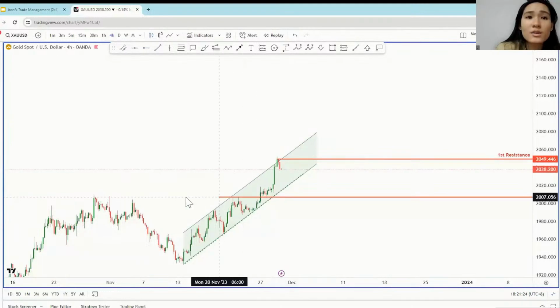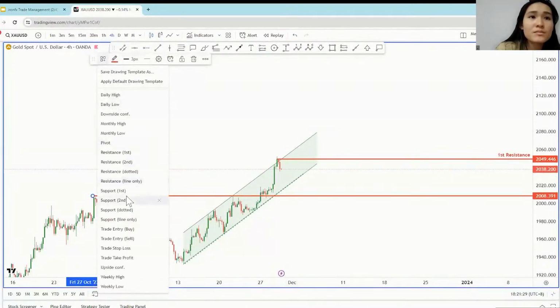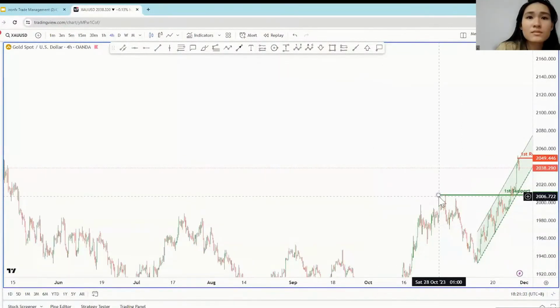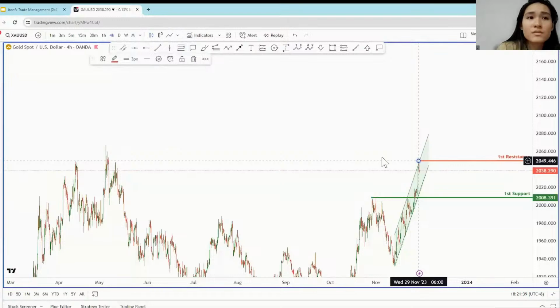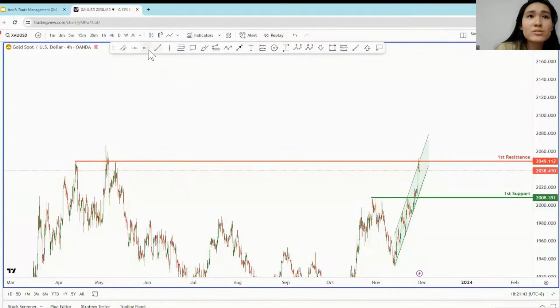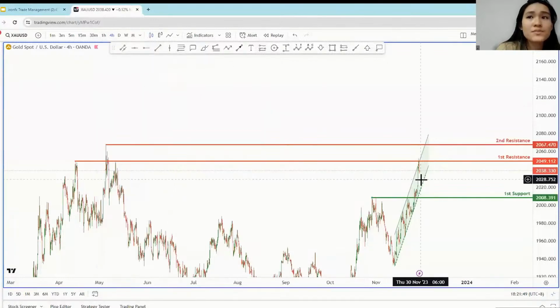And then our first support, maybe just here. We always want to try and pull it back as far as we can. And I'm going to place my second resistance here.